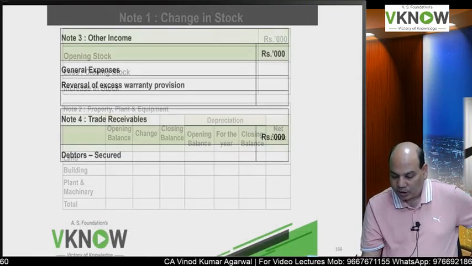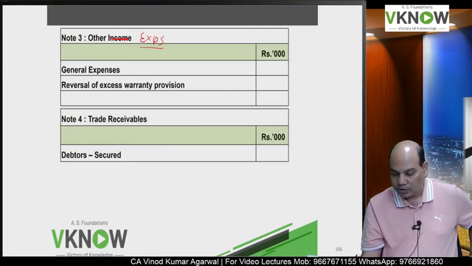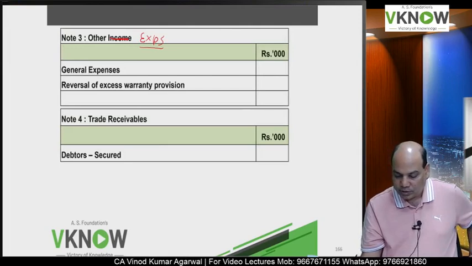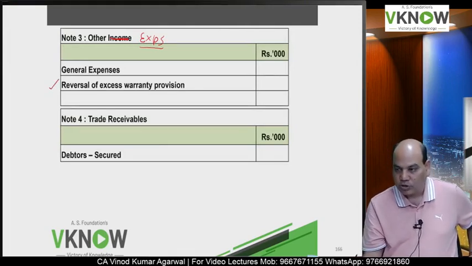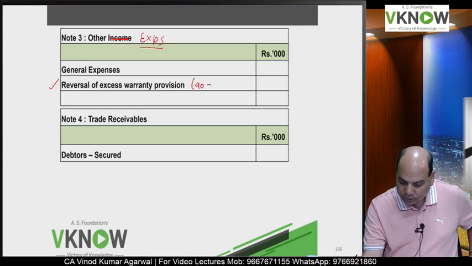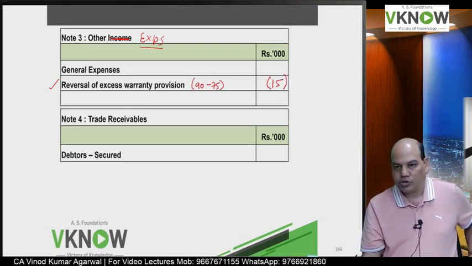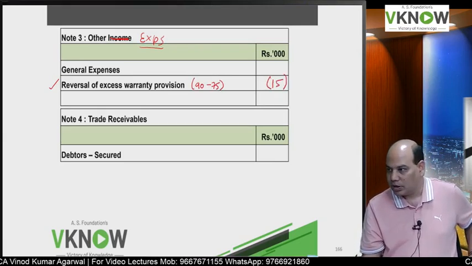So I have prepared note number 3, other expense. In other expense I will reverse it. Second line, reversal of excess warranty provision, 90 minus 75, 15 in bracket, because we are reversing the expense.